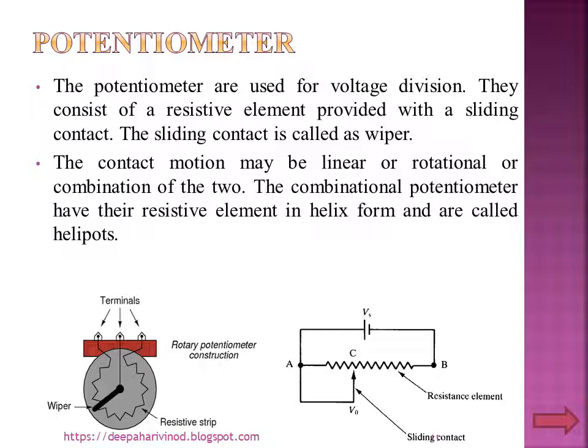It contains a resistance element that is provided with a slider or wiper. The motion of the wiper may be translatory or rotational. Combination of translatory and rotational motion leads to a helical movement. Such potentiometers are called helipots.